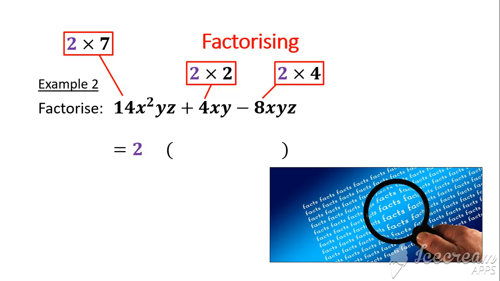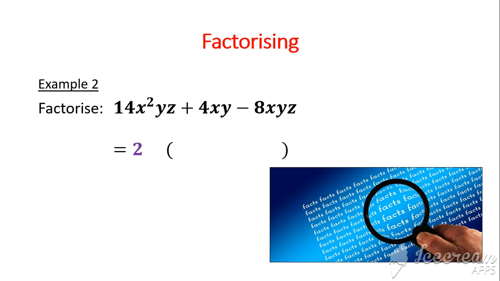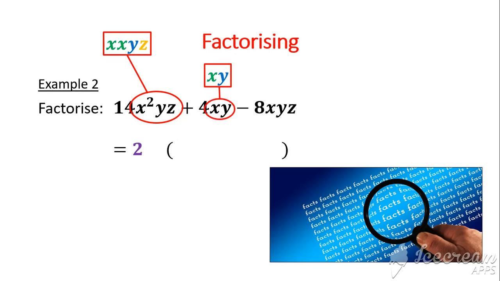But that's not all, because now let's turn our attention to our variables, our letters. x squared yz means a number x times x, that's what x squared is, times y times z. The expression xy means a number x times y.